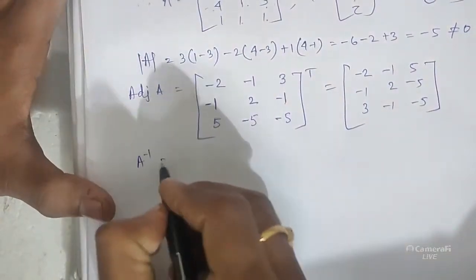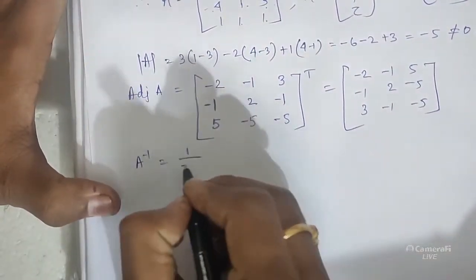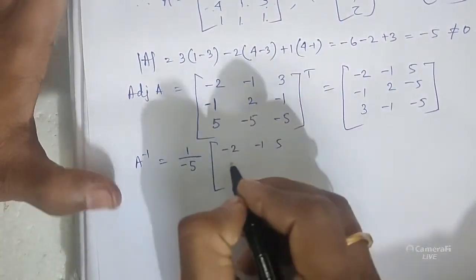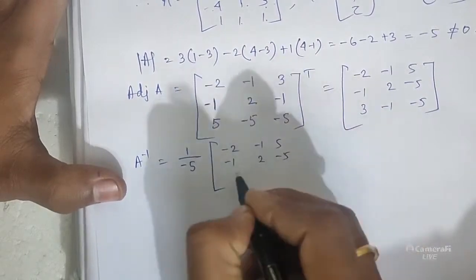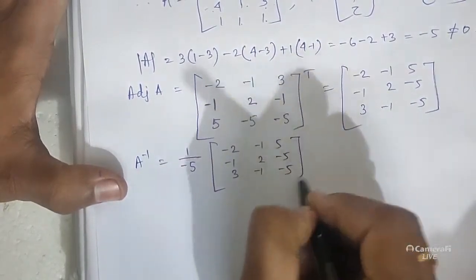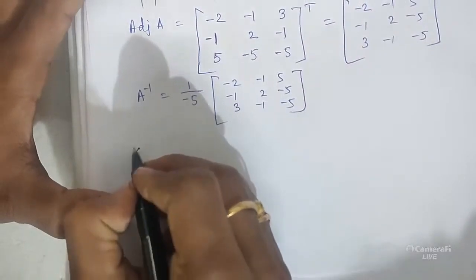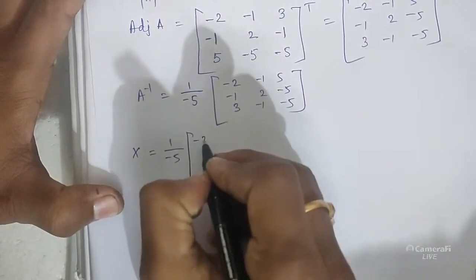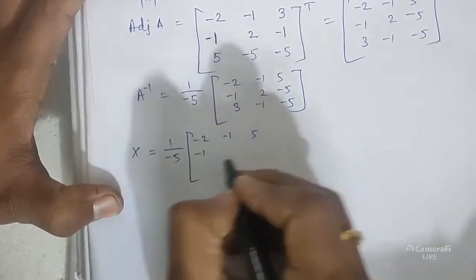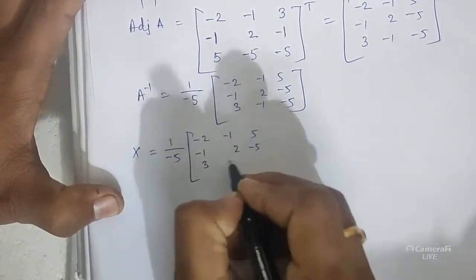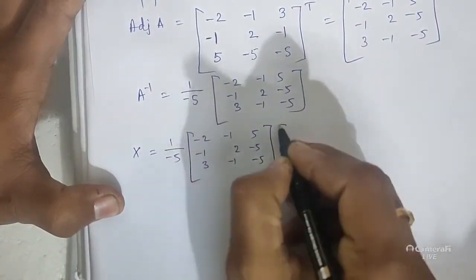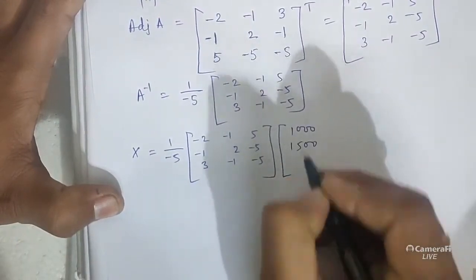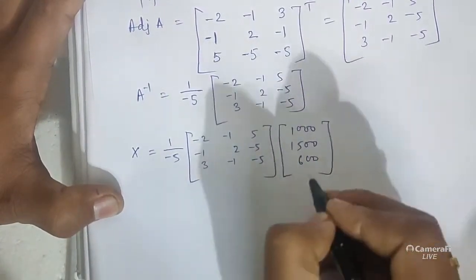Therefore, A inverse equals 1 by minus 5 into this matrix. Therefore, X equals A inverse into the B matrix, that is 1000, 1500 and 600.